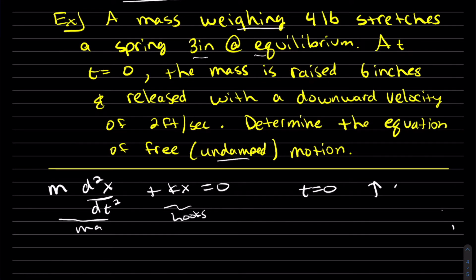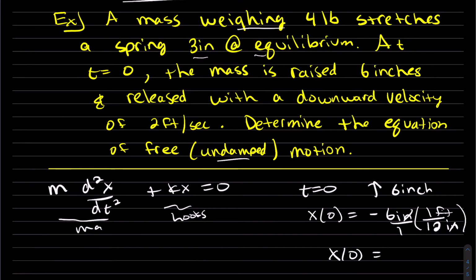Raised is up 6 inches, but remember, that's going to be negative. So we have x of 0 is minus 6 inches. But we do want to convert it to feet. There are 12 inches in 1 foot, so the inches cancel, and we get minus 1/2 foot.